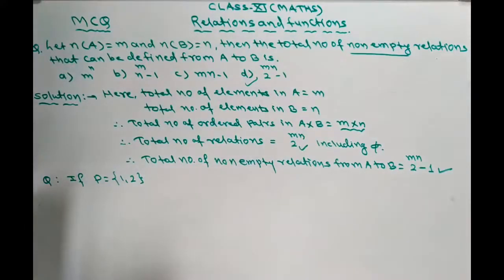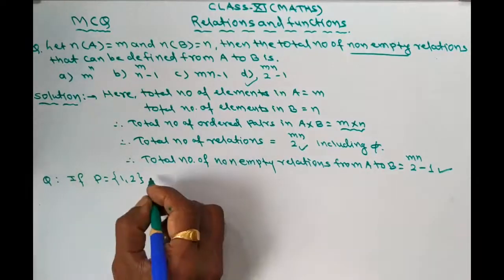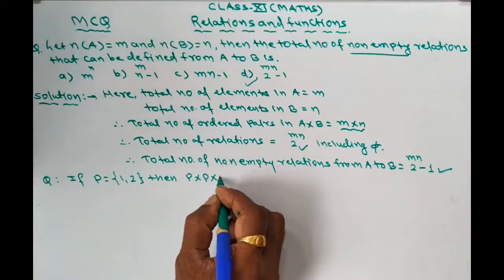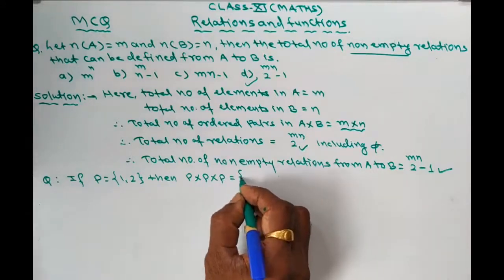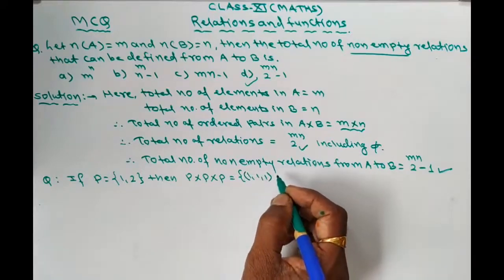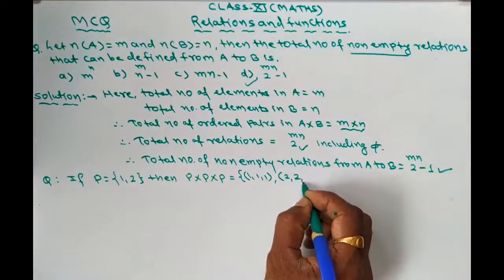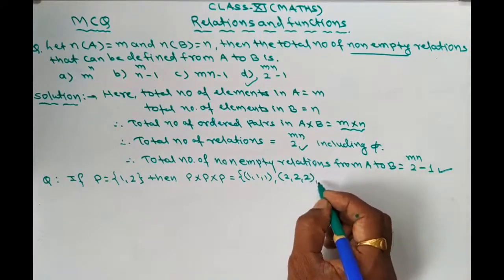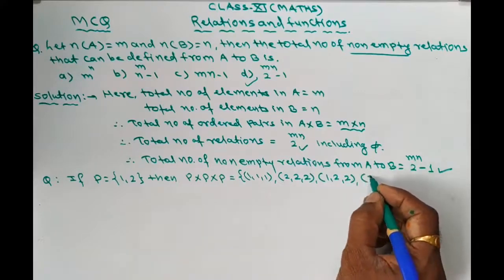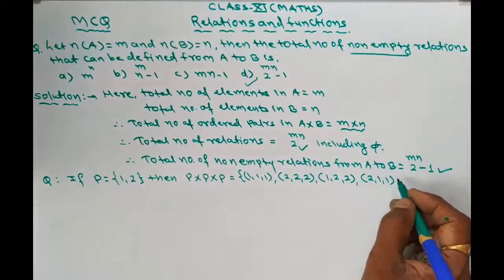Then it is asked to find whether this statement is true or false. p cross p is given as (1,1), (2,2), (1,2), (2,1), and so on.